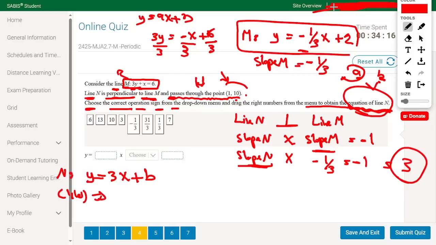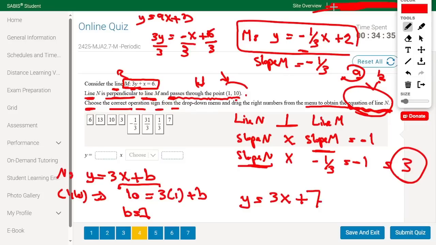We substitute, so 10 equals 3 multiplied by 1 plus b. 3 will go to the other side, minus 3, so b will equal 7. So the equation of line N will be y equals 3x plus 7. So the answer here is 3x plus 7.